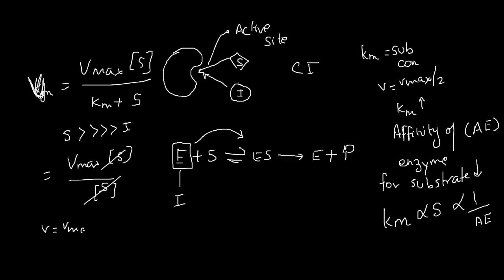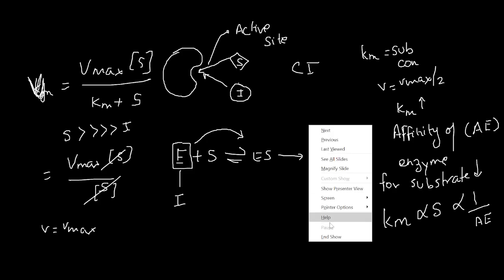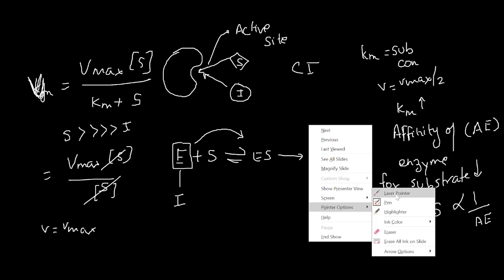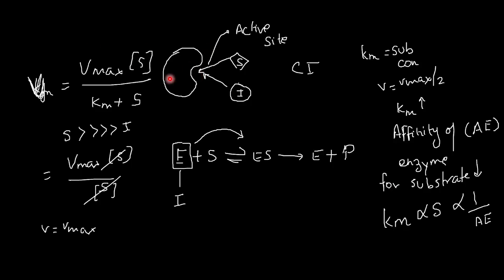It means the rate of the reaction is not going to be changed in the presence of an inhibitor which is showing competitive inhibition, or you can say which is binding to the same site where the substrate is binding.